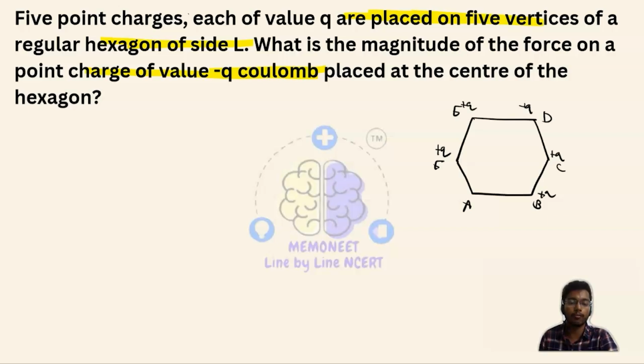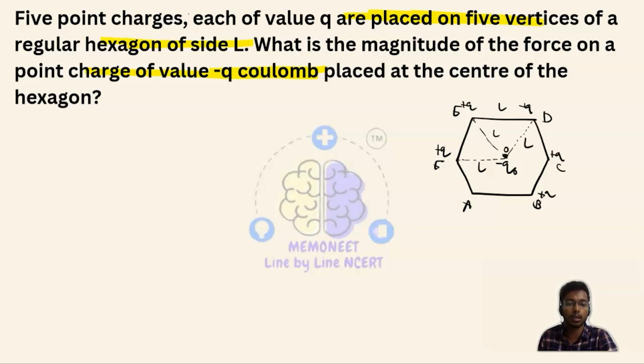In five corners, one is left, and at the center we have a minus q naught charge. Let's say the center is O. The length of OF will be L, as it is a regular hexagon, so the length from the center to each corner will be L.